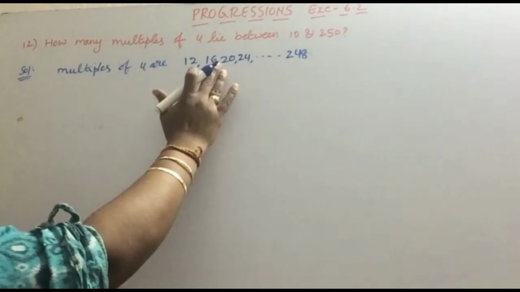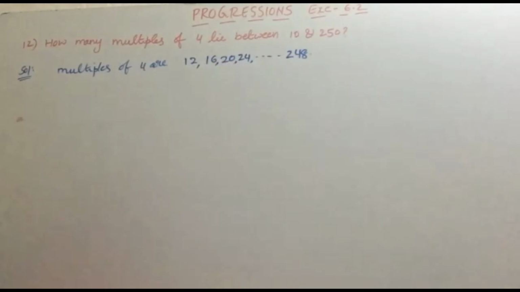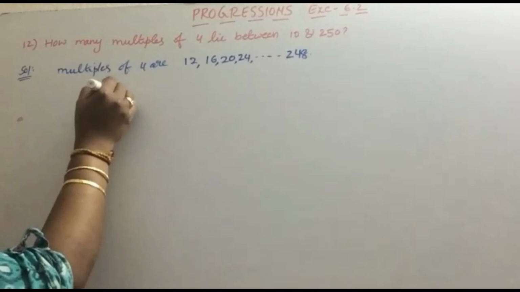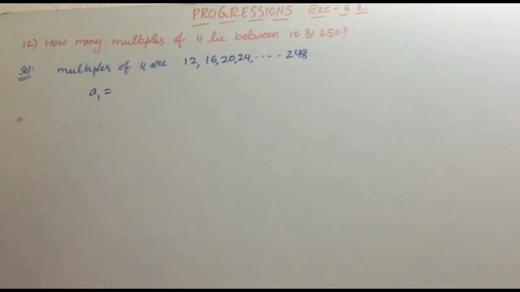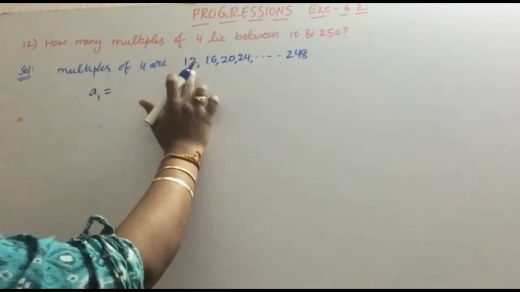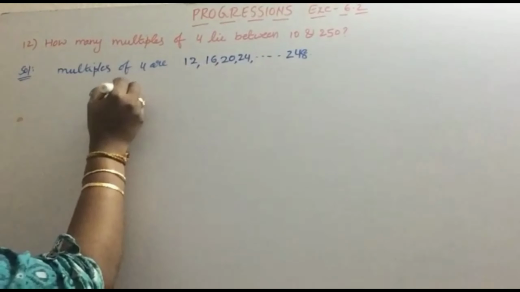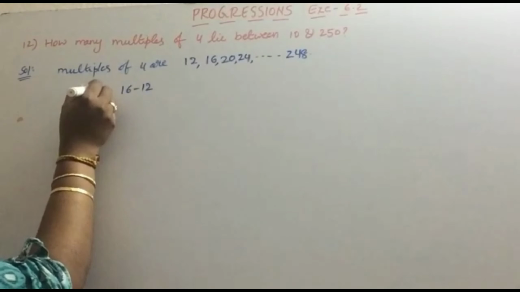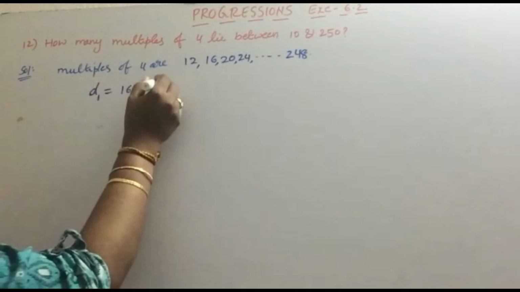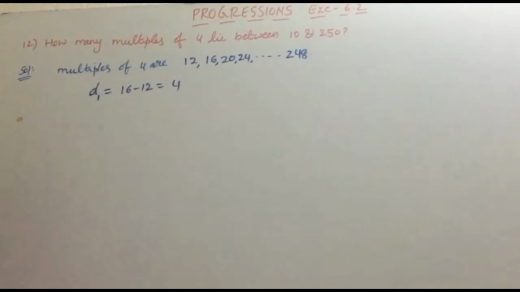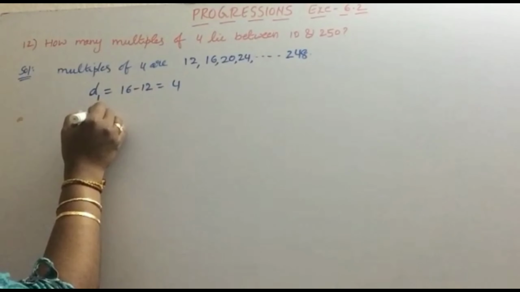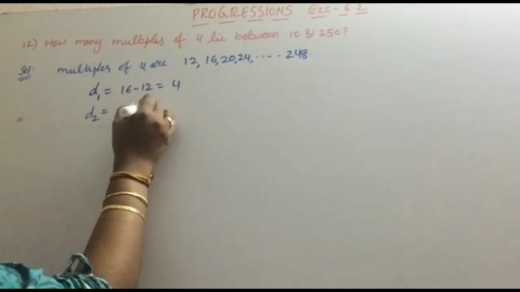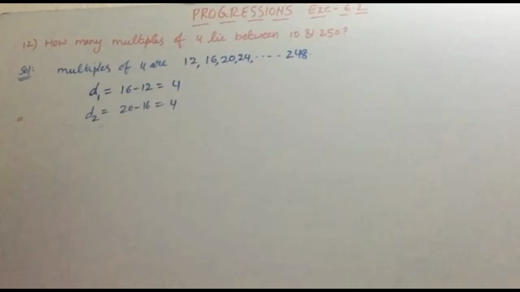So first we will check whether these terms are in AP or not. So D1 is 16 minus 12, that is equal to 4. D2, 20 minus 16, that is also 4.